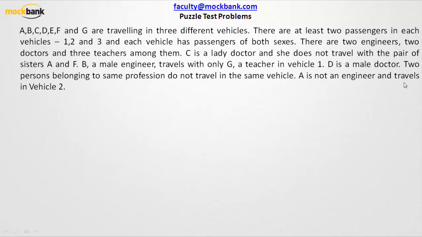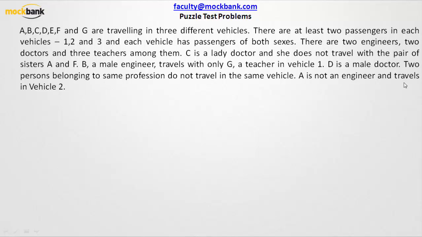Now D is a male doctor. 2 persons belonging to the same profession do not travel in the same vehicle. So for example, 2 doctors cannot travel together, 2 engineers cannot travel together. Now what is the additional meaning?